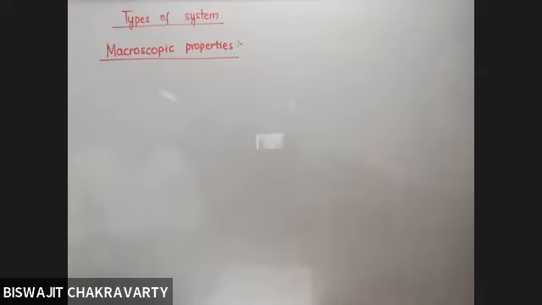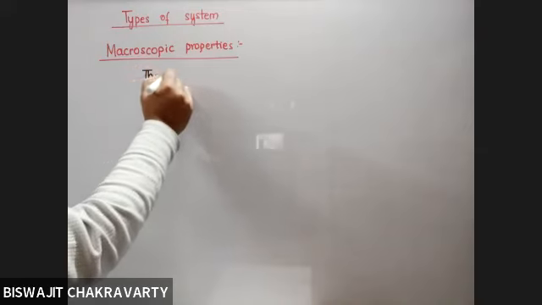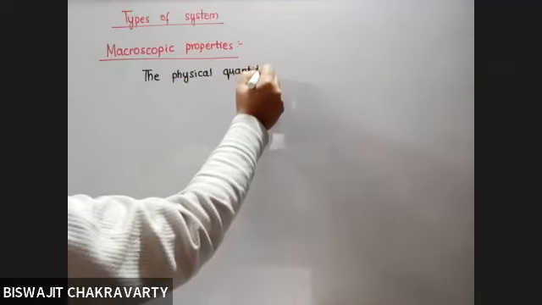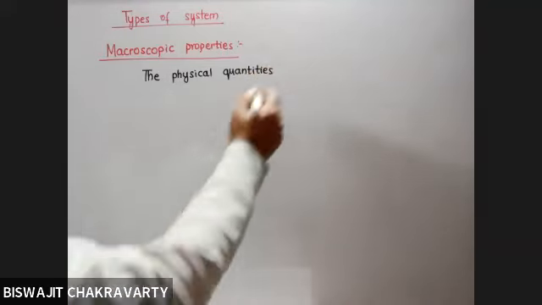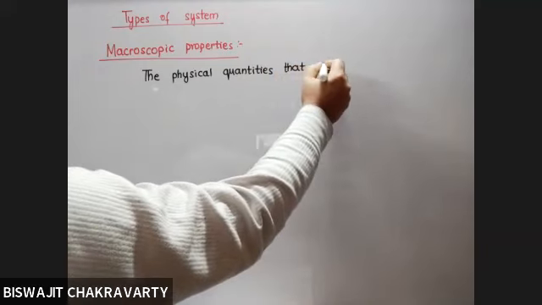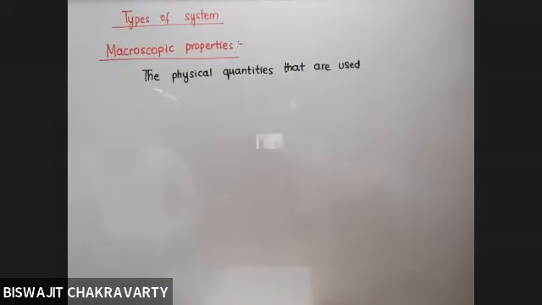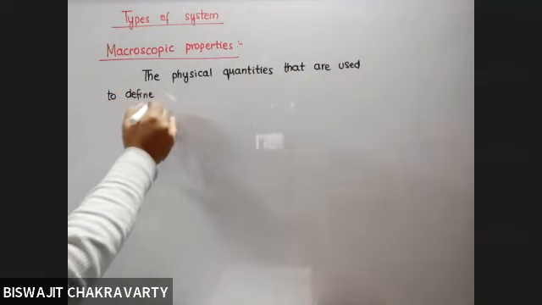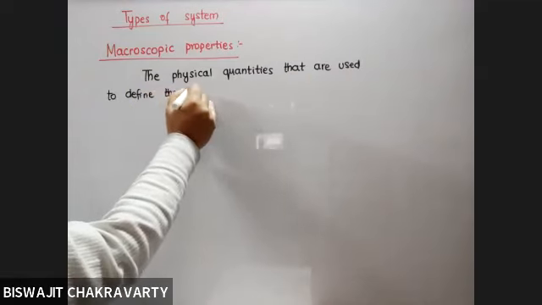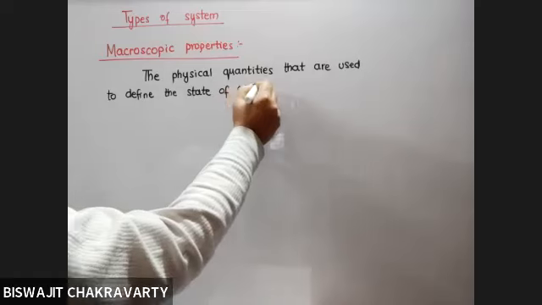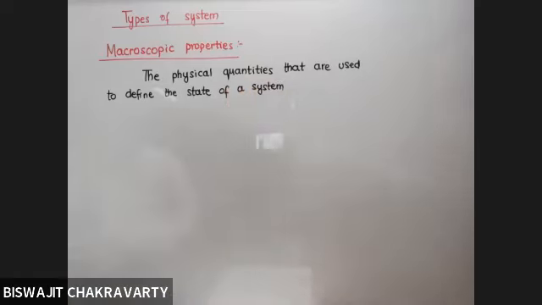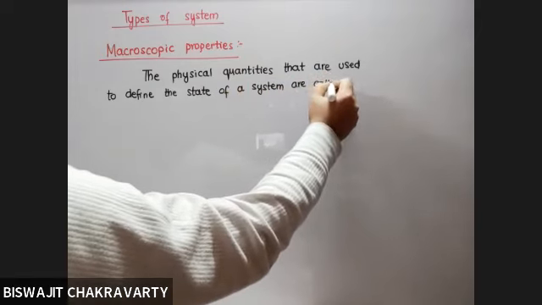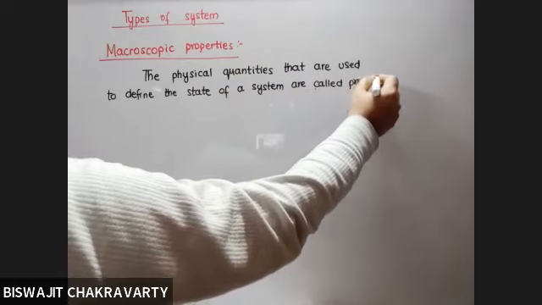So hence we can say that the physical quantities that are used to define the state of a system are called properties.